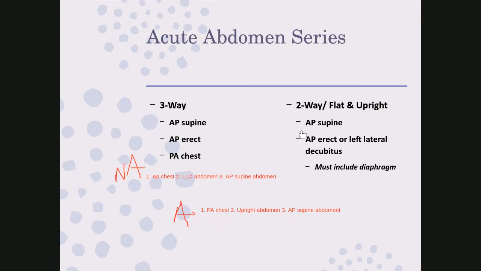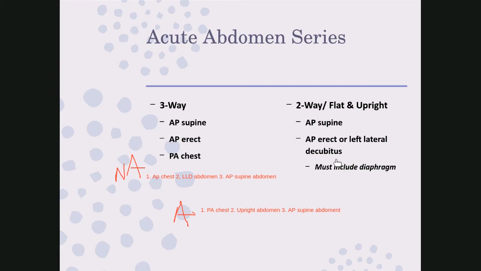Now sometimes they'll offer a two-way abdomen, or sometimes it's referred to as a flat and upright. If they order a two-view abdomen, typically you would do an AP supine abdomen and then an AP erect abdomen. That, again, is if they're able to come in walkie-talkie. If they're on a stretcher and they're an inpatient and they're really, really sick, then you would likely do an AP supine abdomen and a left lateral decubitus, because both the decubitus and the erect would demonstrate air fluid levels.